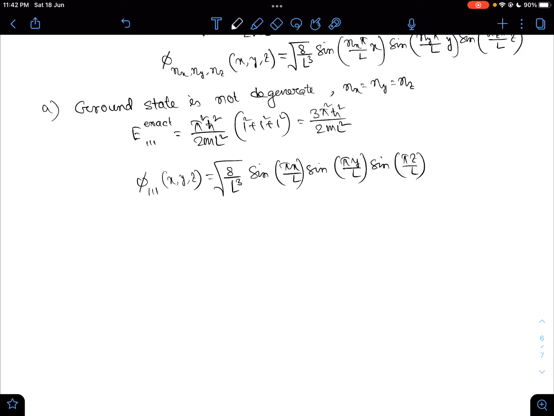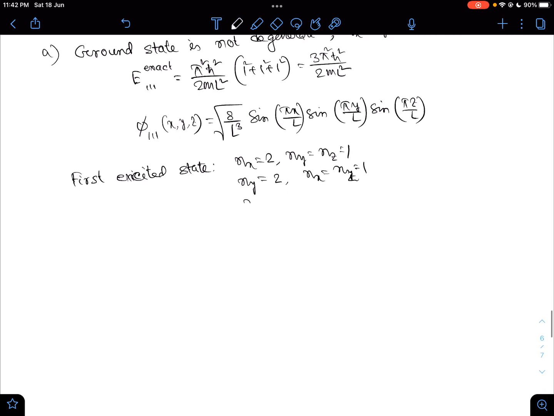Now we have to calculate the first excited state. For the first excited state we have three possibilities. nx can be 2 and ny, nz can be 1, or we can have ny to be 2 and nx, nz to be 1, and we have another possibility where nz is 2 and nx, ny can be 1.